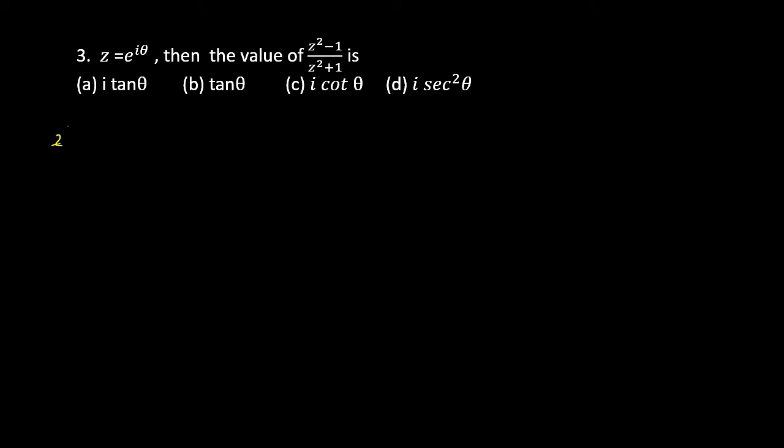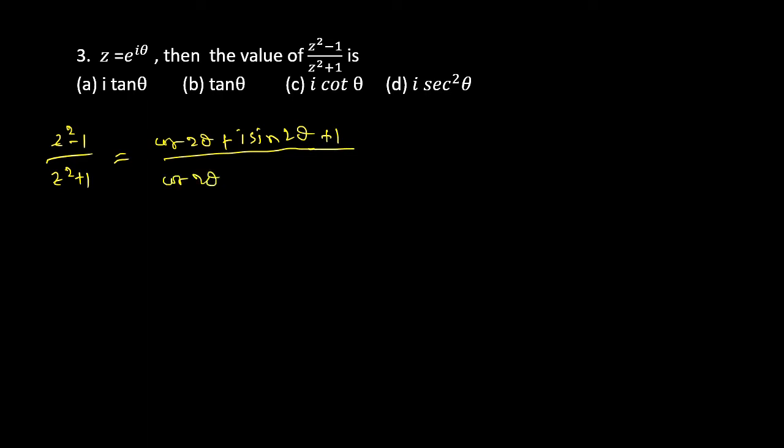So we can write (z square - 1)/(z square + 1) as (cos 2 theta + i sin 2 theta - 1)/(cos 2 theta + i sin 2 theta + 1), since here z is e to the power i theta.